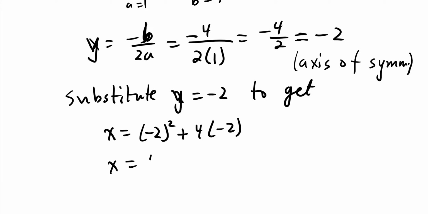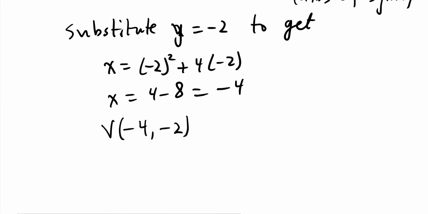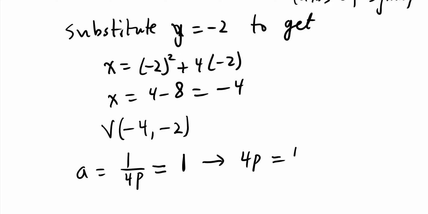That gives us 4 minus 8, which is negative 4. So now the vertex has coordinates negative 4 comma negative 2. So we found the coordinates of the vertex. As soon as we find the vertex, we can find a, which is 1 over 4p. A is 1. Cross multiply and solve for p, which is 1/4.